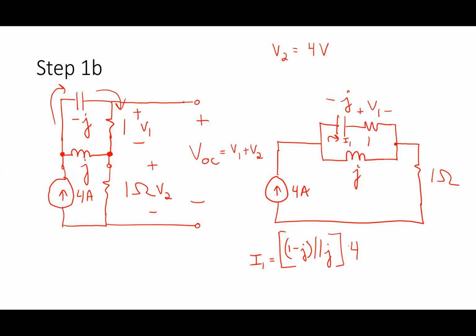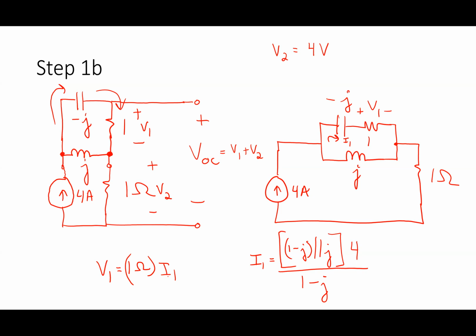That's the voltage across that combination. If I divide that by 1 minus J, that will be the current in that branch. If I wanted to find V1, the voltage across that resistor, it would be 1 ohm times I1.